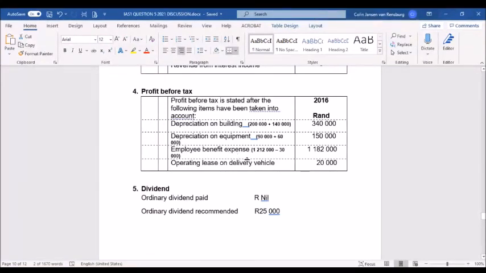Employee benefits expense is normally, by virtue of its value, a company's biggest expense besides possibly purchases. So normally besides purchases, it is this most significant amount, the extent of the expense. So that will normally be shown by virtue of its nature in this note. And like I've mentioned, an operating lease, you could regard that as quite unusual.